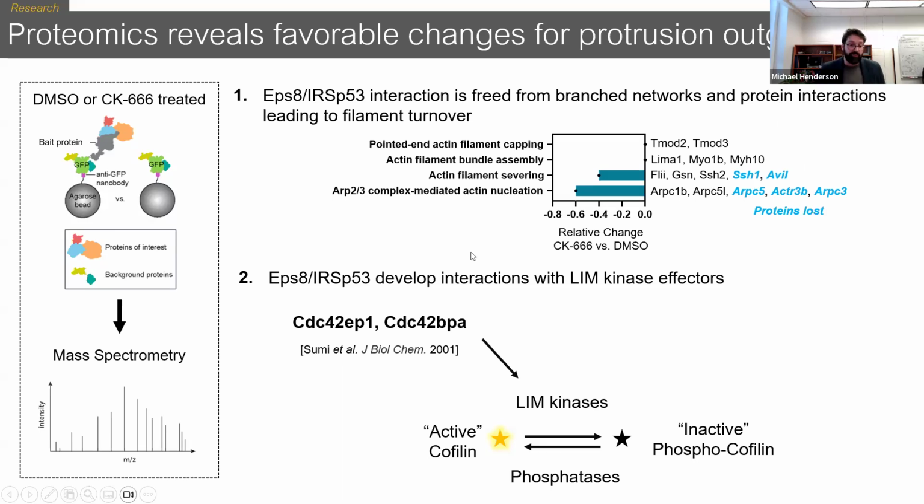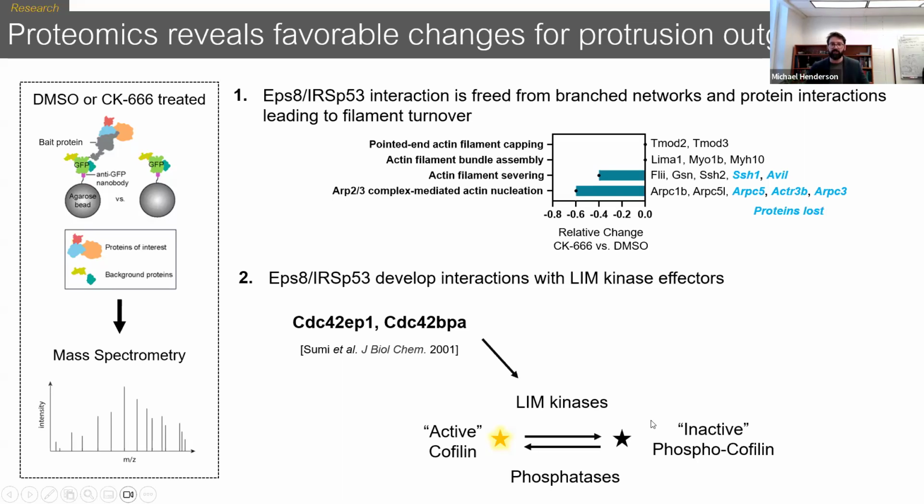We also picked up some interesting candidates that the lab is exploring now, effector proteins that work downstream of Rho GTPases and have known effects on kinases that inactivate actin severing proteins. These two proteins, CDC42EP1 and BPA, have known activities at turning on LIM kinases, which inactivate cofilin by phosphorylating it.